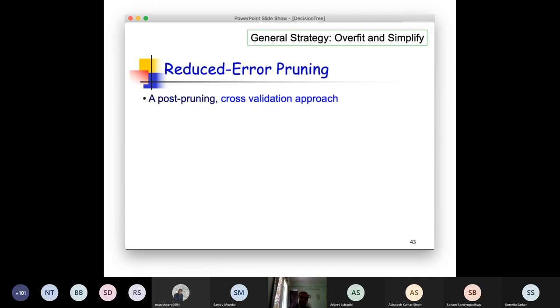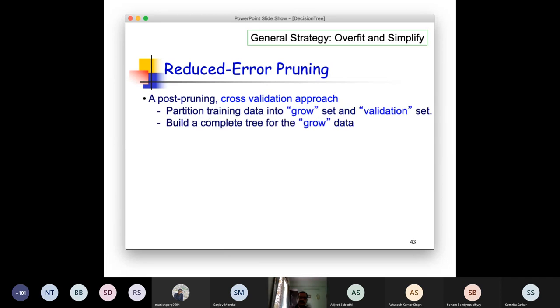Usually cross-validation is easier to understand and implement. So I will be just considering this. The partitioning, as I mentioned: partition training data into grow set and validation set, build a complete tree for the grow data, and continue until accuracy on the validation set decreases, which means error increases at that point.